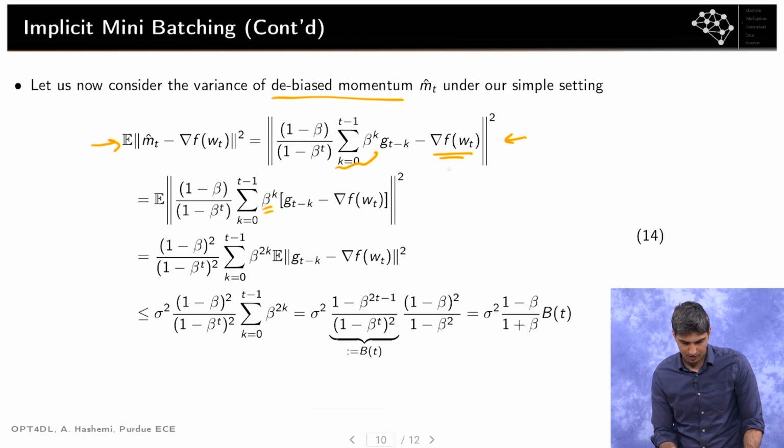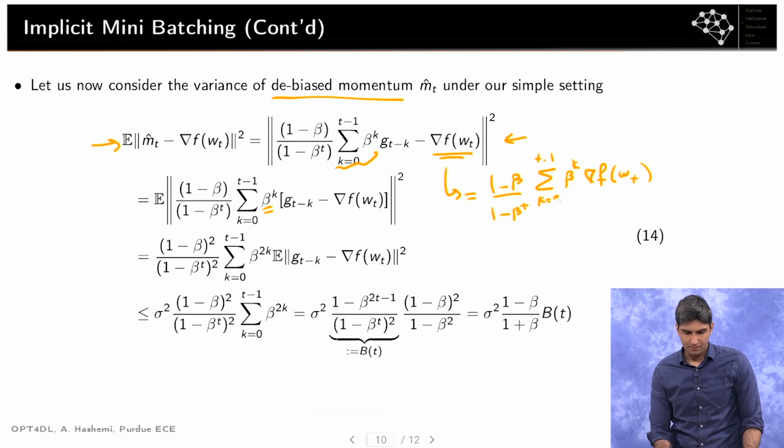In particular, this is exactly equal to 1 minus beta over 1 minus beta to the t, times the sum for k from 0 to t minus 1 of beta to the k, times the gradient at w_t. This is because the sum is exactly the reciprocal of the coefficient behind it.